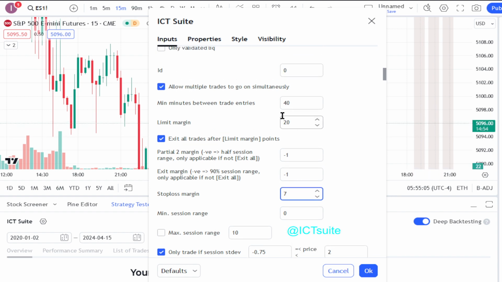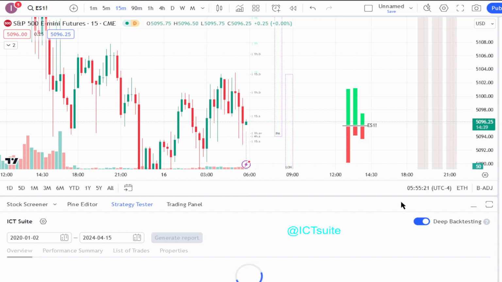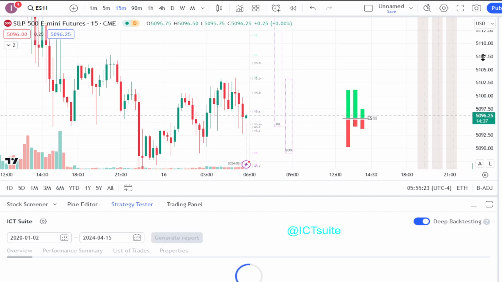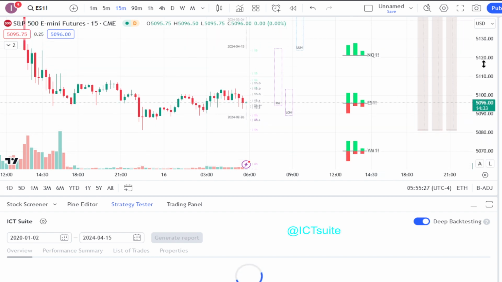What we could do, we could check a little bit the different levels of taking profit. So let's rerun this one. Oh, the symmetric market indicator changed.